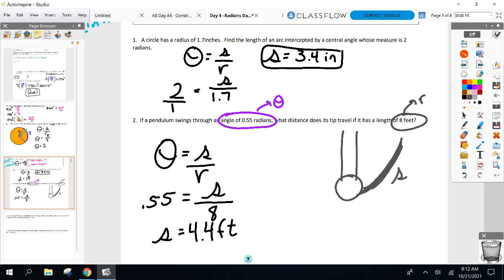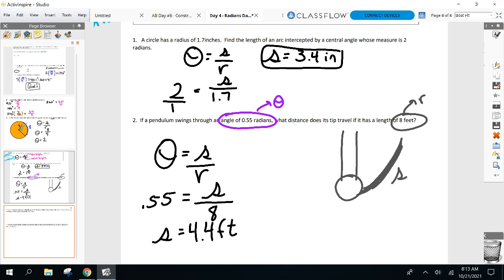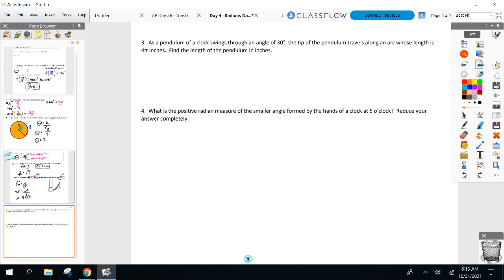Questions before we get to the last two? Okay, another pendulum one. Now it swings through an angle of 30 degrees. This will be my theta. The tip of the pendulum travels along an arc whose length is 4 pi.